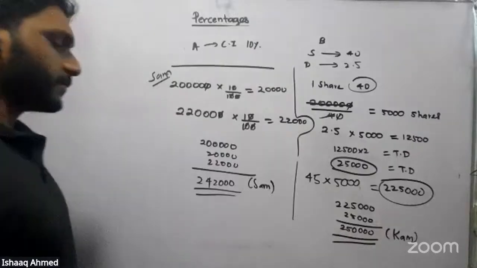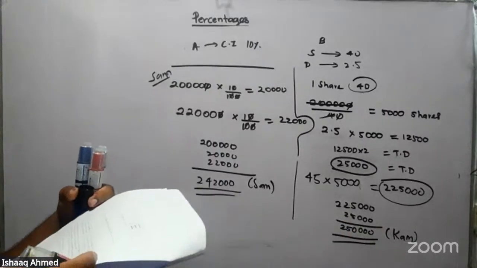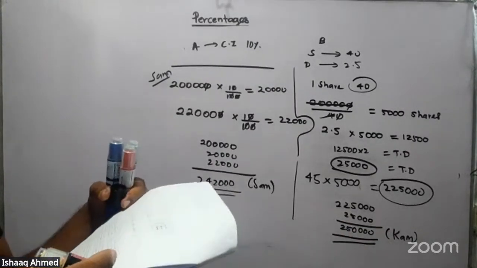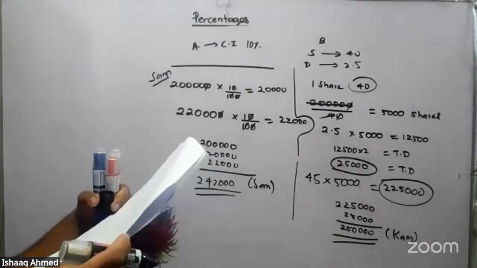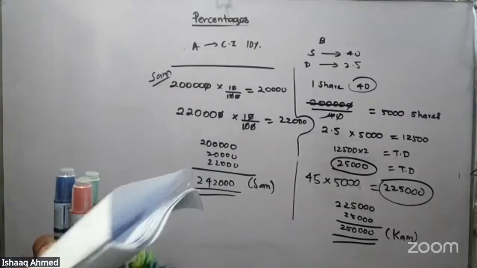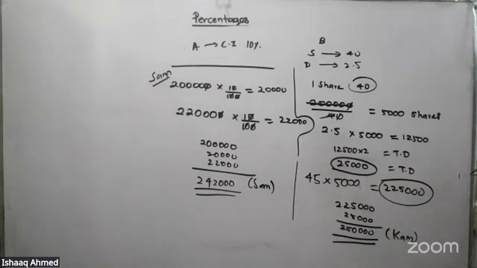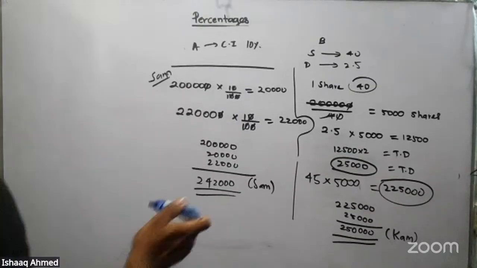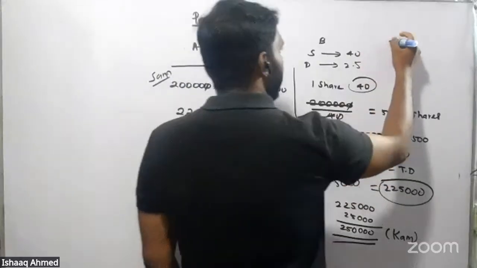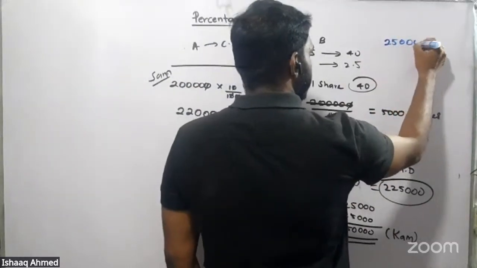Show with reasons that the amount Kamal has, when the annual dividends of the 2 years and the amount he received by selling the shares are added together, is 8,000 rupees more than the amount Saman has. So how much does Kamal have? 250,000.